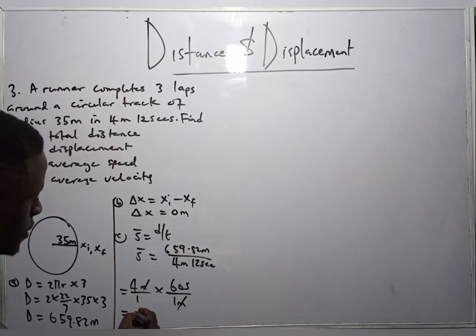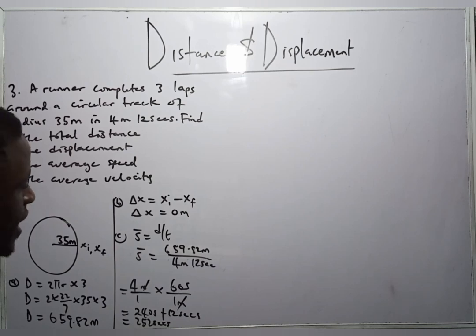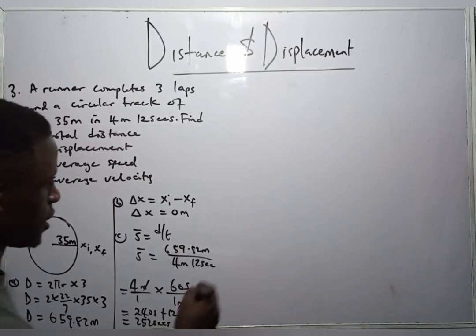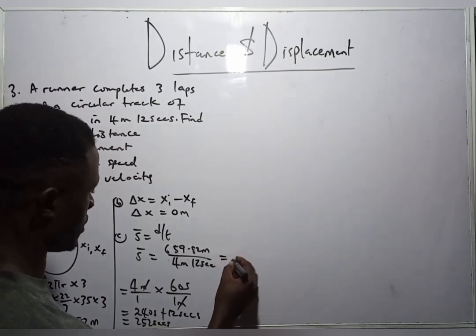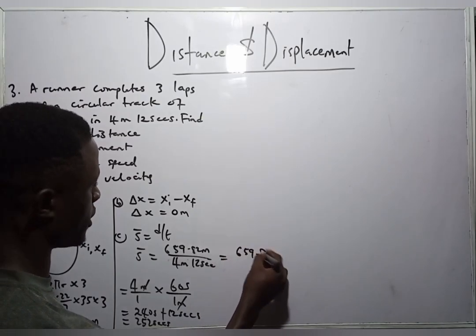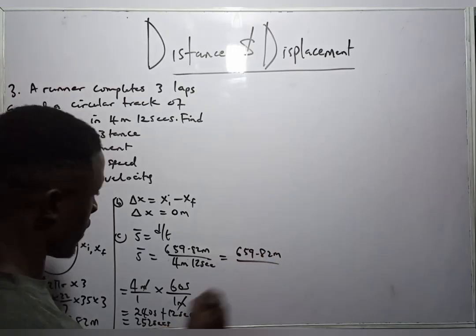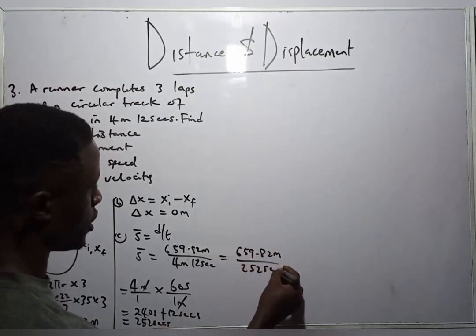That will give us 240 seconds. We have 12 already, that will be plus 12 seconds. That is going to give us 252 seconds altogether. So I'm going to come here and say it is equal to 659.82 meters all over 252 seconds.